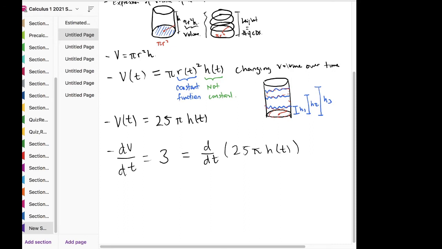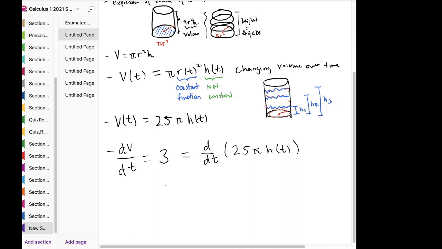You could replace t with x and you'd get the same thing. Well, what's one thing we can do with this derivative? I'm looking for a simple answer. It's not complicated.